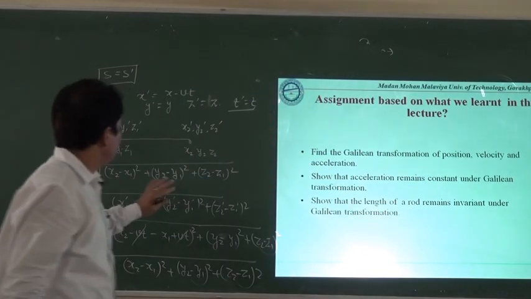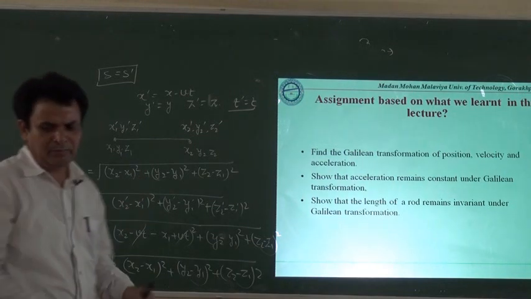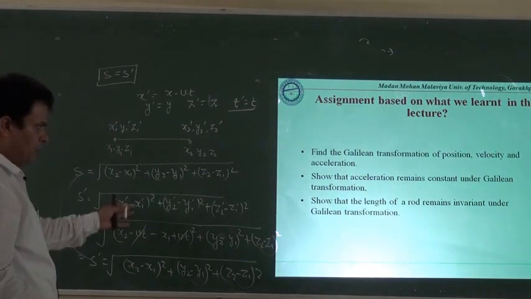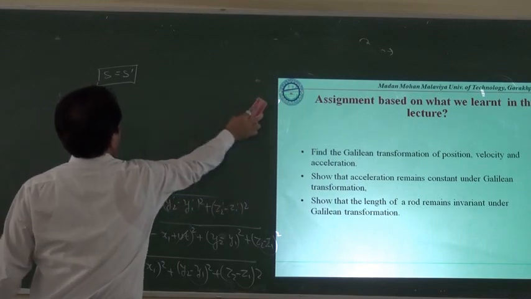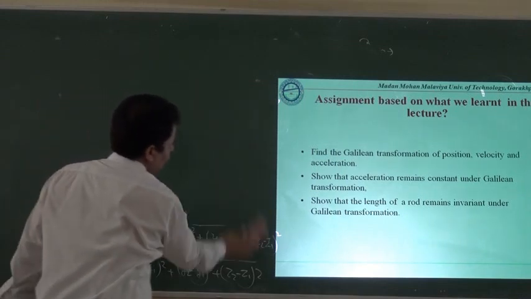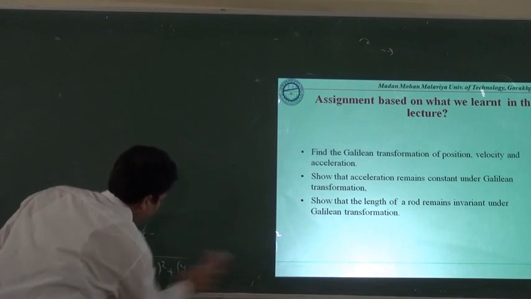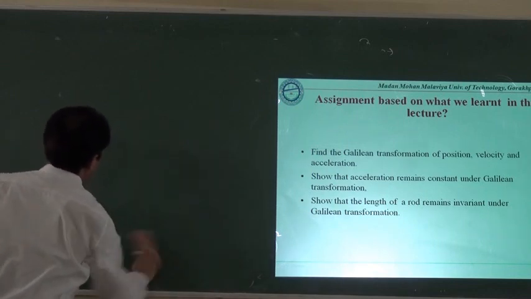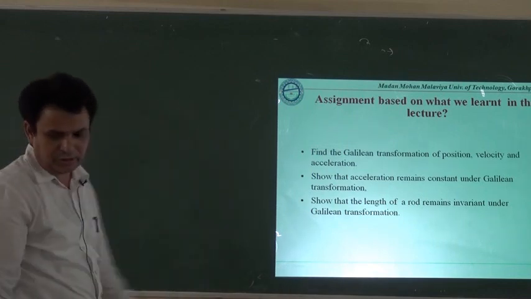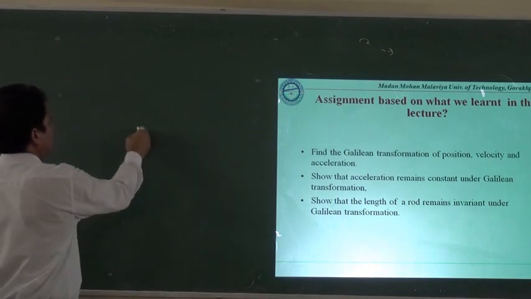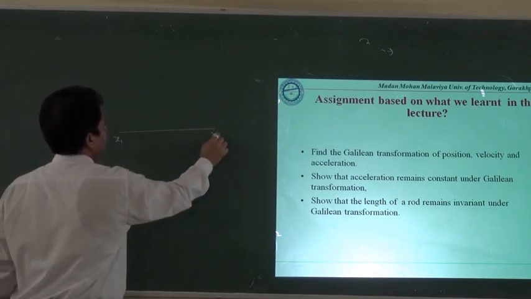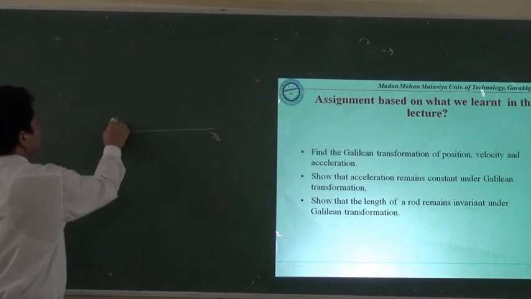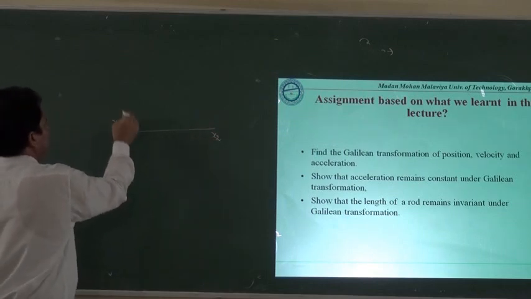Actually here we have taken all the directions simultaneously, meaning x, y, z, all the coordinates. But to show that the length of a rod remains invariant under the Galilean transformation equation, we can take only the x coordinates: x1 and x2 in the stationary frame, and x1 dash and x2 dash in the moving frame of reference.